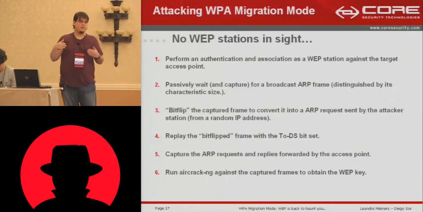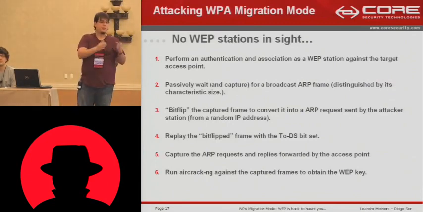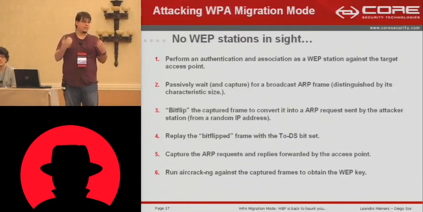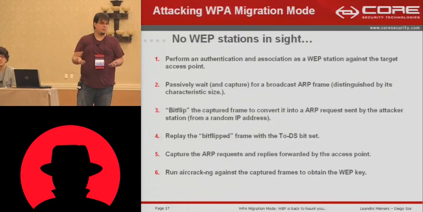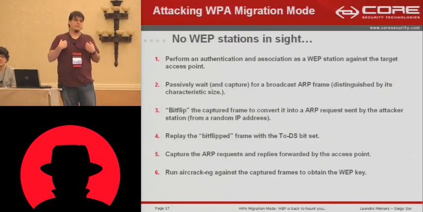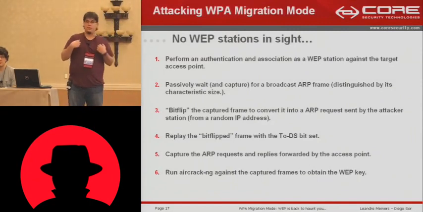So even though we don't know the specific contents of the frame, we can calculate a mask that, applied to the frame, gives us a new frame that is also WEP encrypted and valid, but is an ARP frame as if we had sent it from our MAC address.